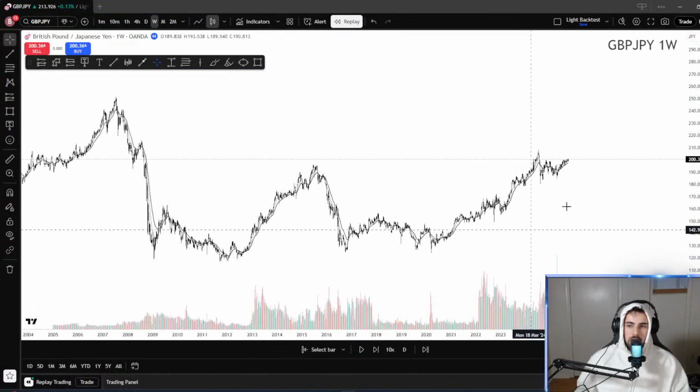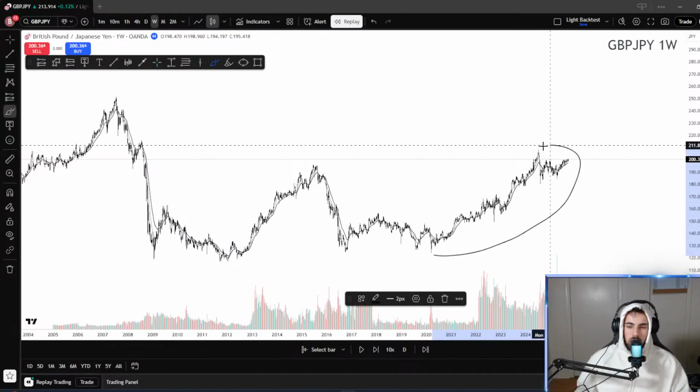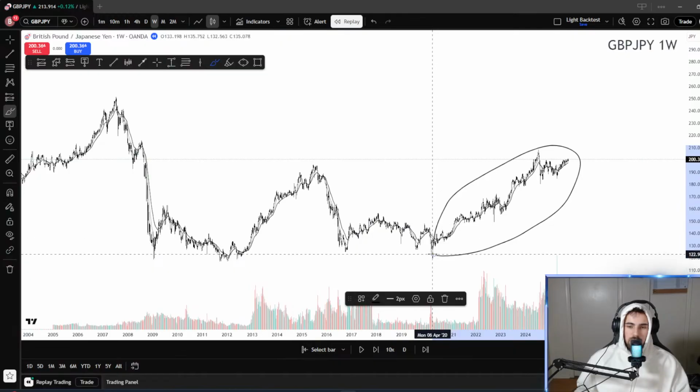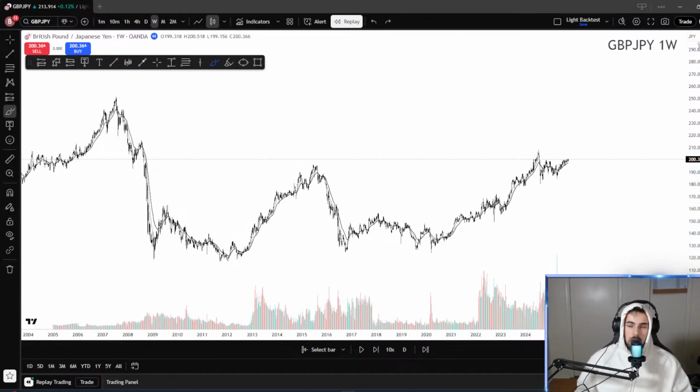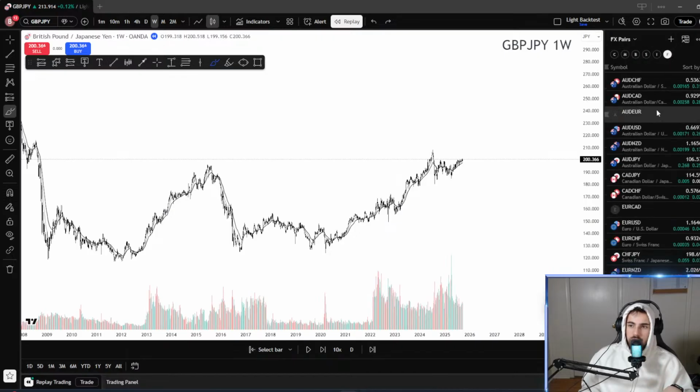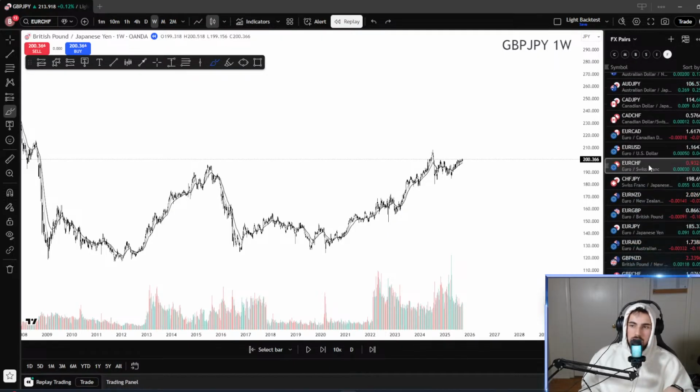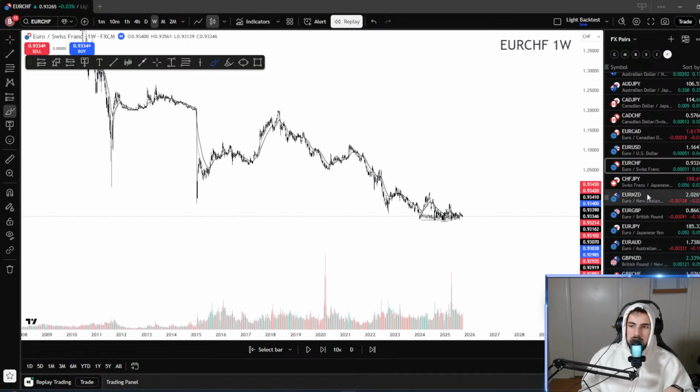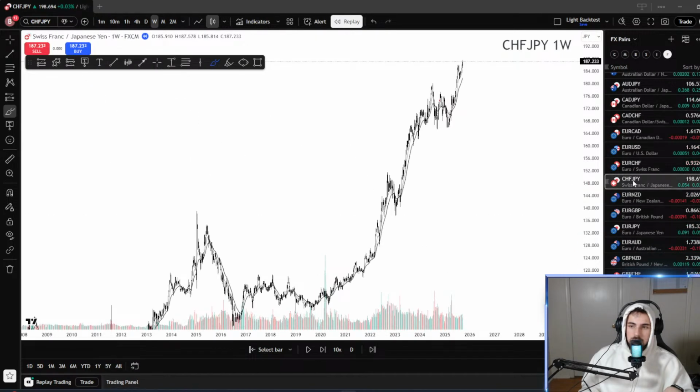GJ's actually not bad because over the past 4 or 5 years, it's created this big uptrend. But I will tell you, most Forex pairs follow the main ones, like Euro USD, GBP USD. Look, I have a whole list of Forex pairs, bro. A lot of these are untradeable. Look at these things. This one's actually good.